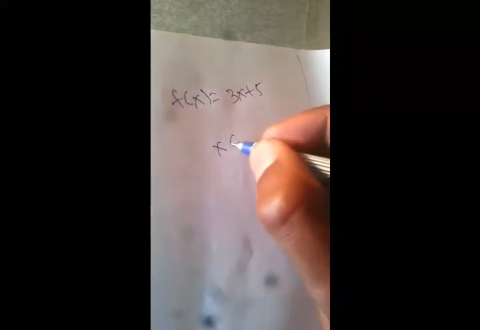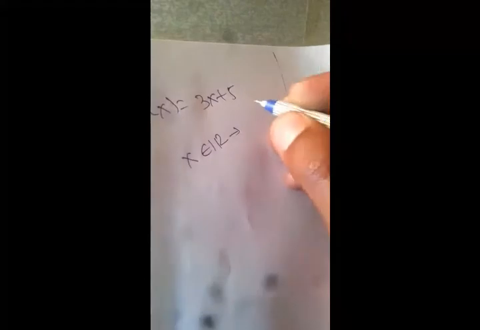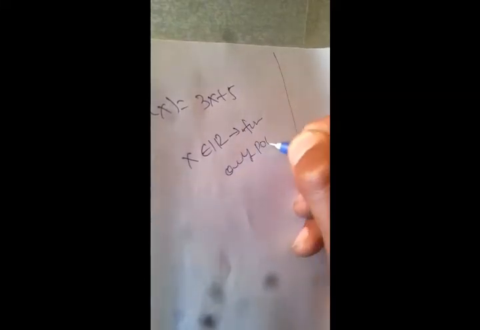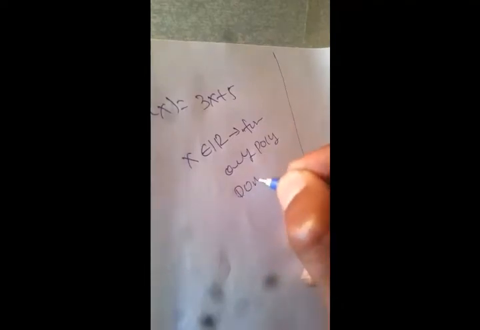For example, f of x is equal to 3x plus 5. As you know, its domain is simple: x is an element of real number, because for any polynomial equation, domain is always real number.